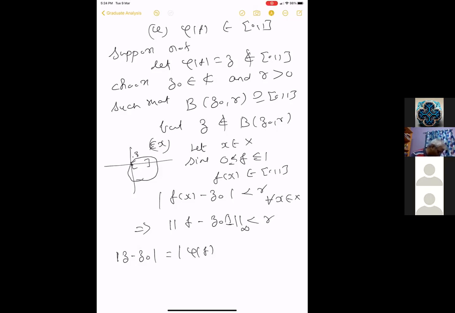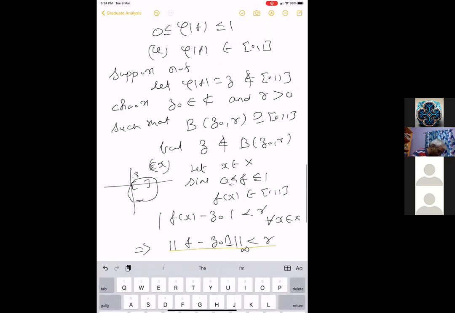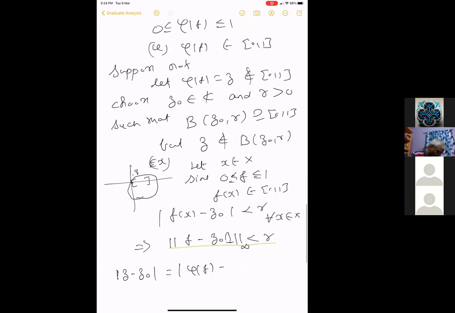Now z minus z0, by definition, is nothing but phi of f minus z0. Z0 is just a number, so phi of z0 times 1.